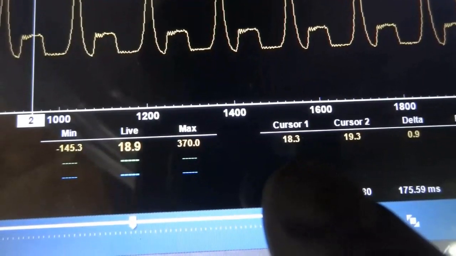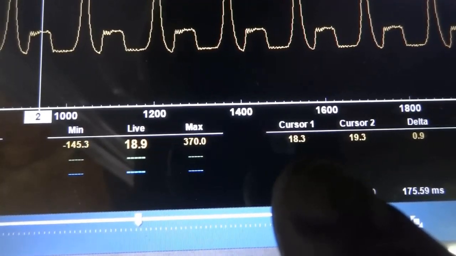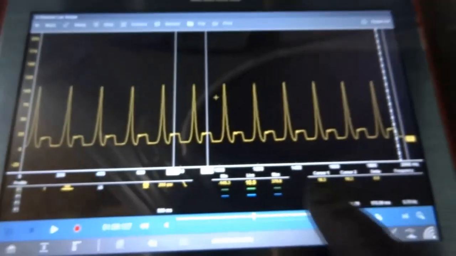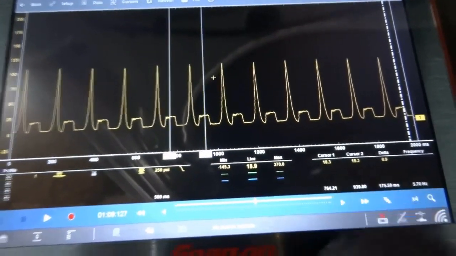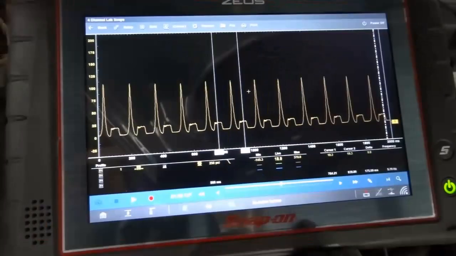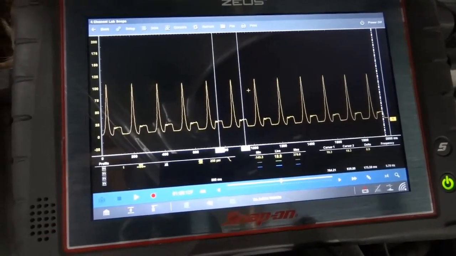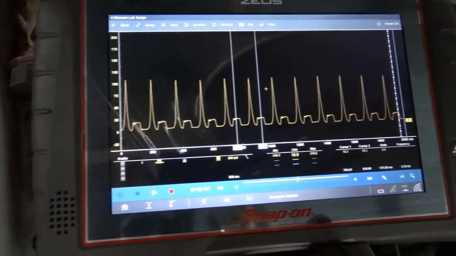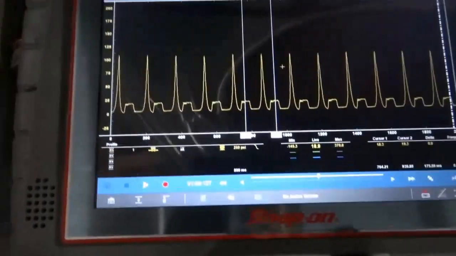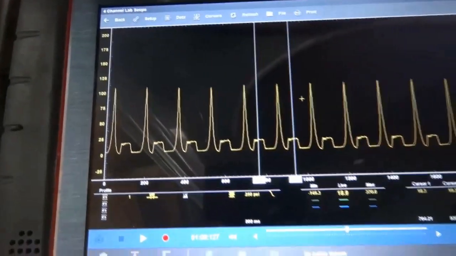Right now we are down to 18.3 psi. There's a huge difference between the pressures we have now and the pressures we had before. And we saw how clogged the downpipe was from the substrates of the upstream catalytic converter. This waveform over here definitely looks a lot better.